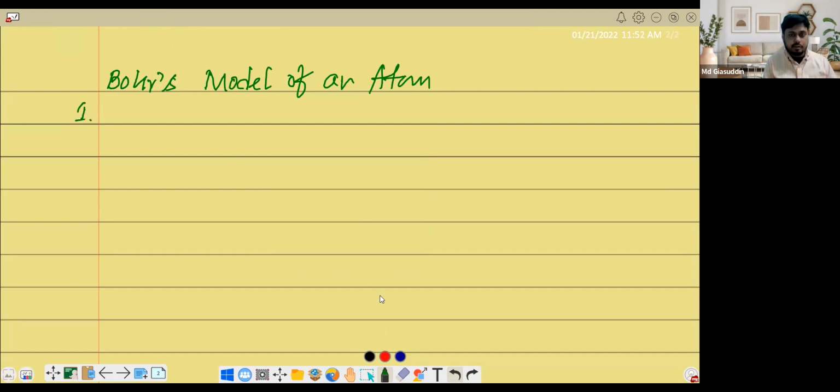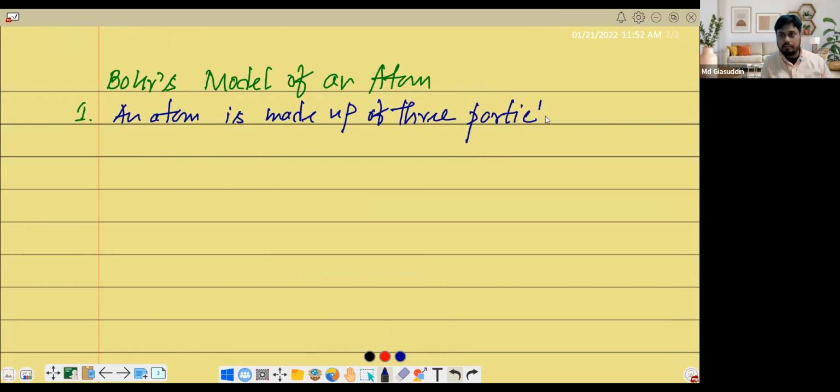So the first one is the most easy one. An atom is made up of what? Made up of three particles. Write with me in your copies.